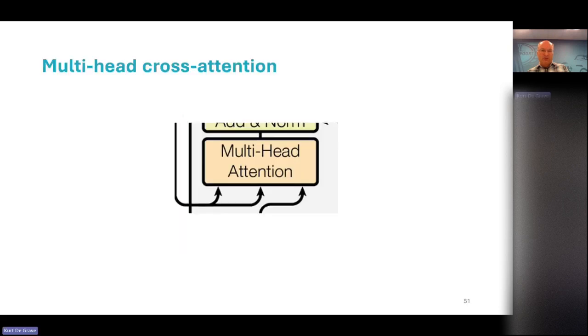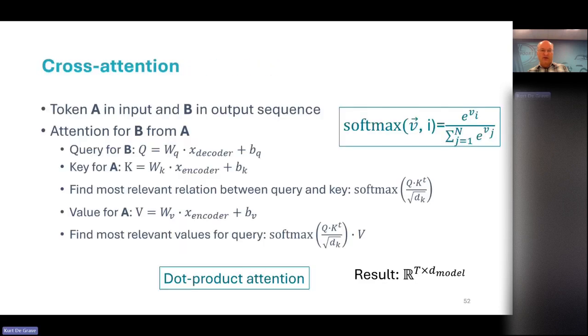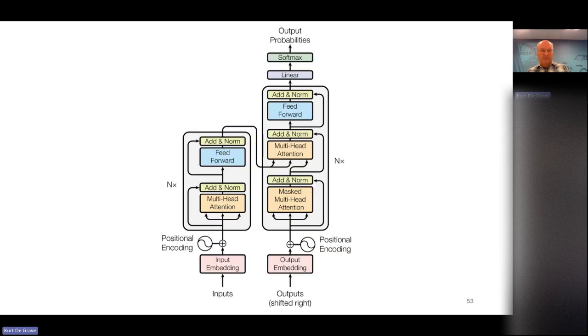Then we've seen this before: multi-head attention. This is cross attention, which works essentially the same as for the input. The only difference is that we can now also look at tokens from the input sequence. The formulas are equivalent.